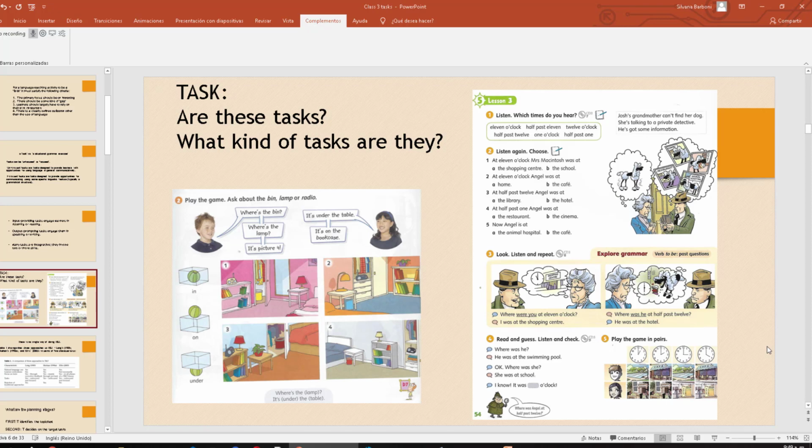Now, what about 3? Have a look at 3. It says, look, listen and repeat. And notice that students are expected to listen, repeat certain parts of the dialogue in the audio, and by repeating, they are expected to focus on specific linguistic items.